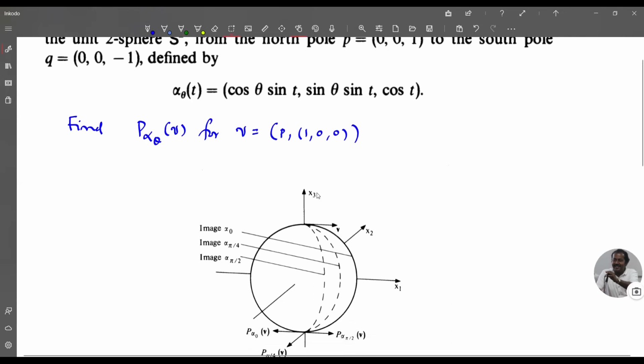What we have to do is consider the vector (1, 0, 0), and then consider the parallel transport of this vector along this curve. We are going to show what the parallel transport of this vector along this curve is. So first of all, we have to show that alpha theta of t is a geodesic.